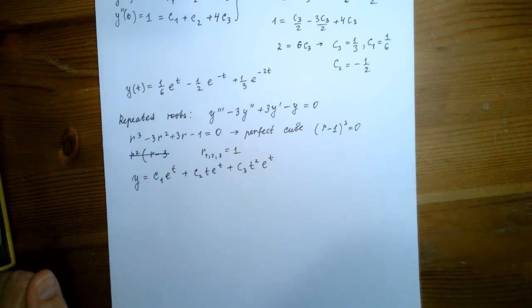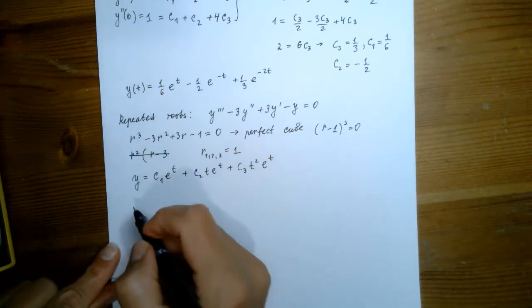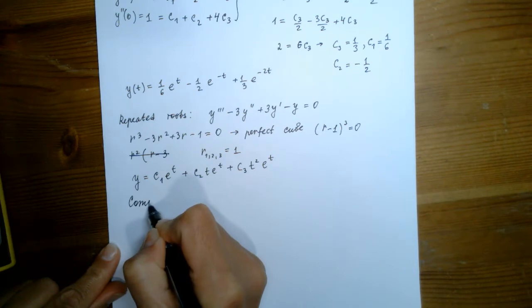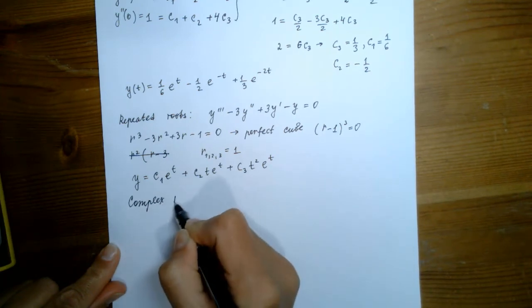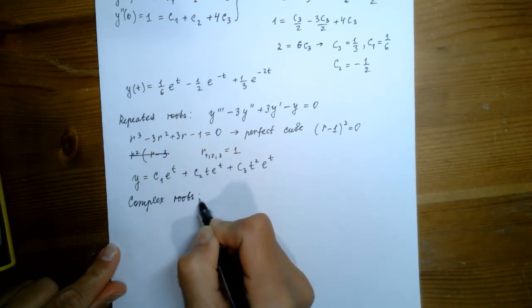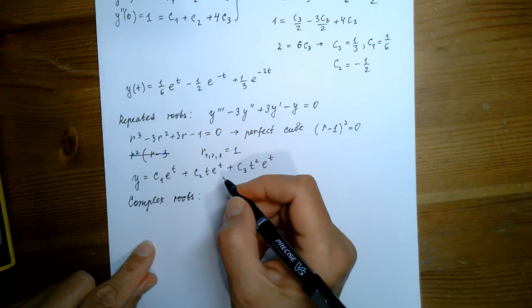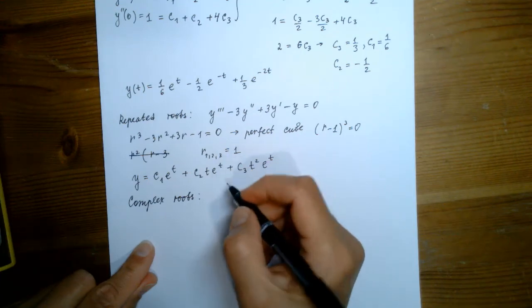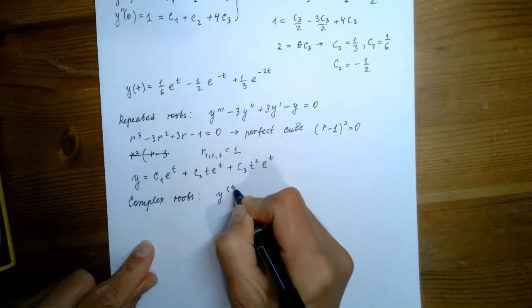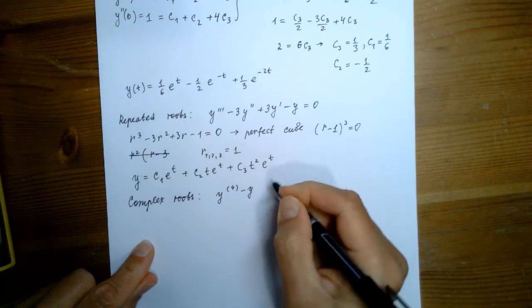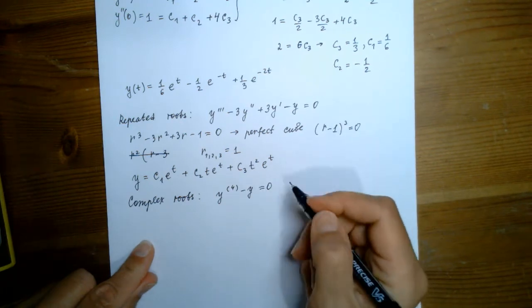More interesting situation is going to happen when we have complex roots. For complex roots, let's write down the equation. Y fourth derivative minus y equals 0.